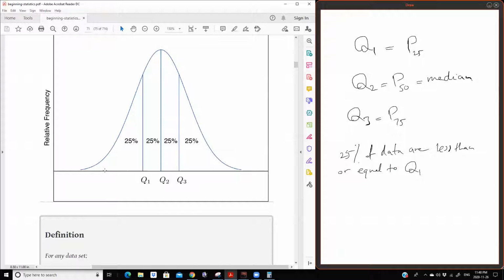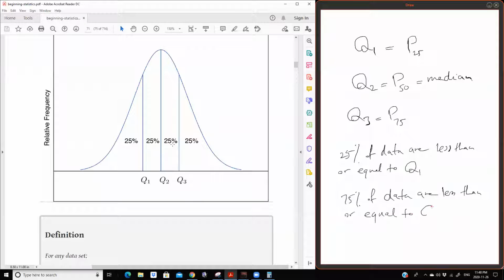And then automatically 75% are more. Q2 is the median. So half of the data are less than Q2 and the other half are greater than Q2. And Q3 is so that 75% of the data are less than or equal to Q3.